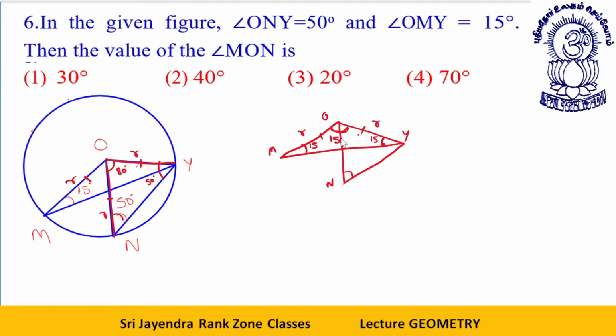So this becomes 150 degrees. This complete angle is 150 degrees. This portion is 80 degrees. So MON, this angle will be how much? 150 minus 80, or 70 degrees. This is your answer.